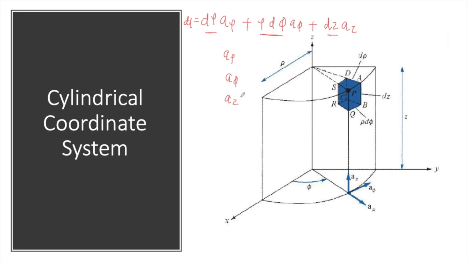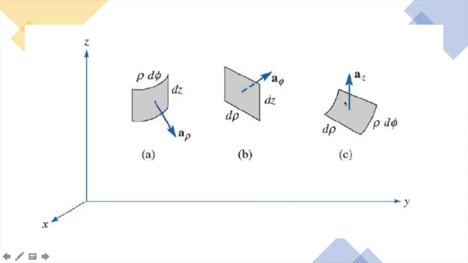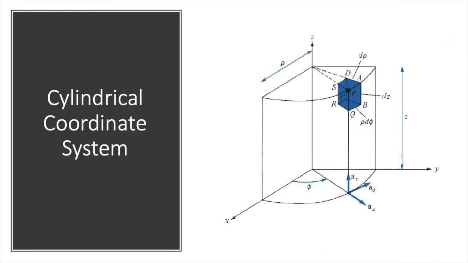These are the three normal vectors. So if you see here, there are surfaces. If this arrow is in this direction, then the surface will be rho d phi dz. Similarly, if it is in the a phi direction, then we have d rho dz. These three surfaces that have been drawn here are basically a part of this whole block that we have taken into consideration.